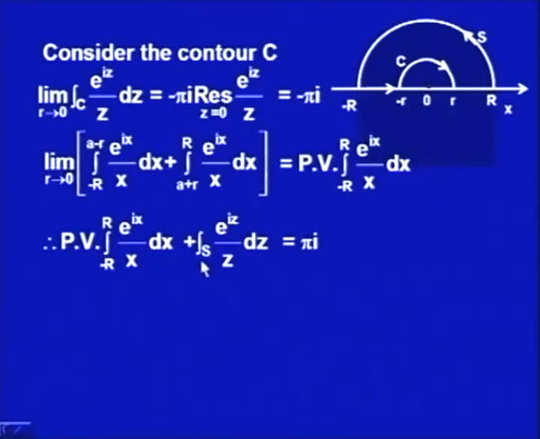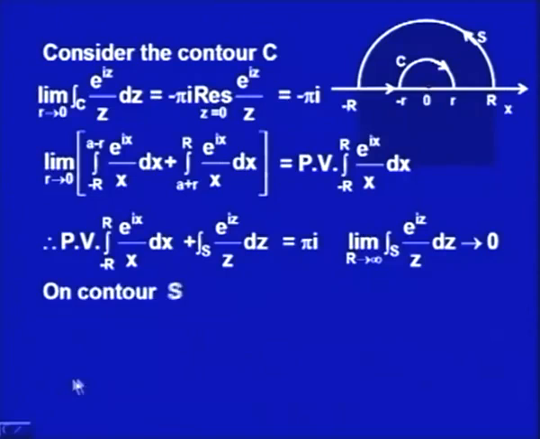But what will the integral along the semicircle S be? We say that as R approaches infinity, the integral along the semicircle of e^{iz}/z approaches 0. See, that is how it approaches 0.